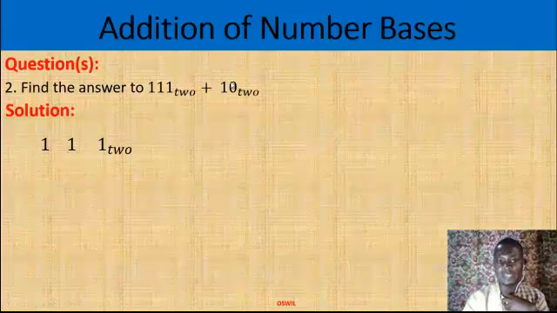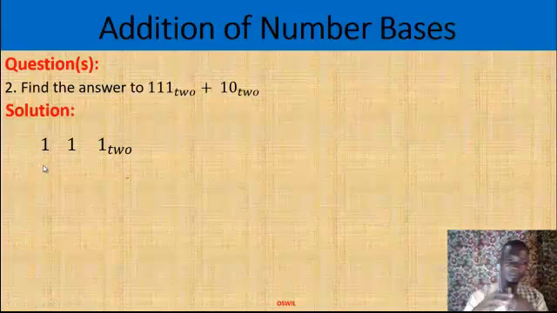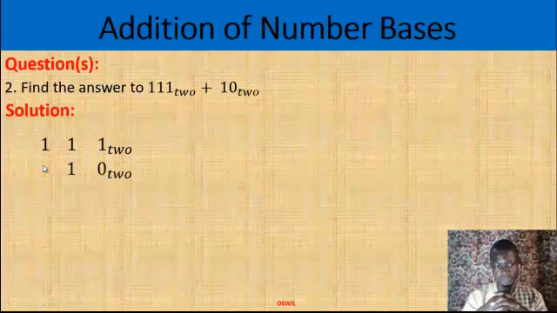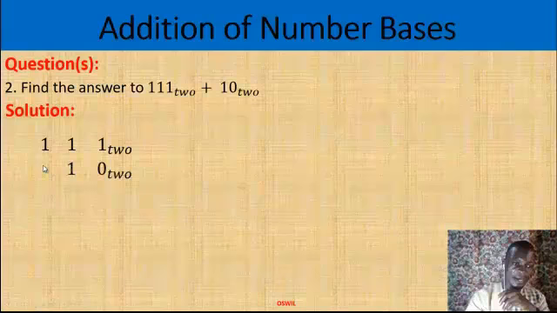If you want it to be 3 digits, it means you must introduce 0 in front of 1, making it 3 digits, so that the first digit in 111 base 2 would also have its counterpart under it, which is 0. So you write 10 base 2. And if you like, as I said, you introduce 0 here.